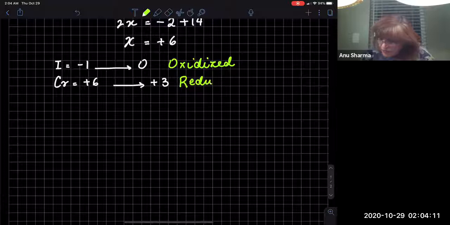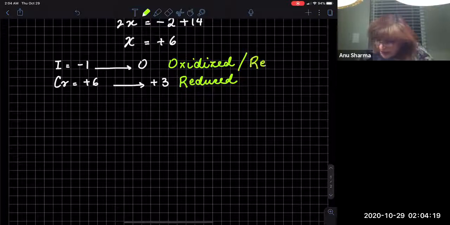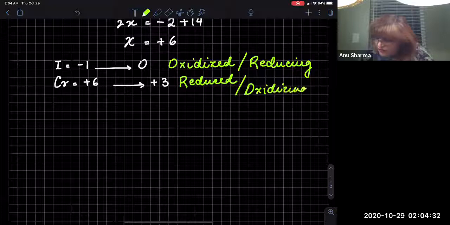Okay, so chromium got reduced and iodine got oxidized. The entity that got oxidized acts as a reducing agent, and the entity that got reduced acts as the oxidizing agent. So it's always opposite, okay?